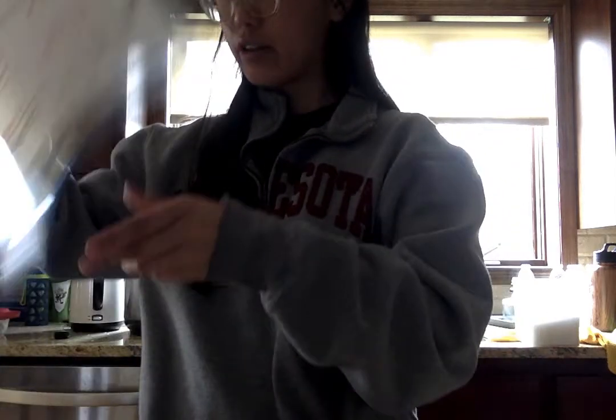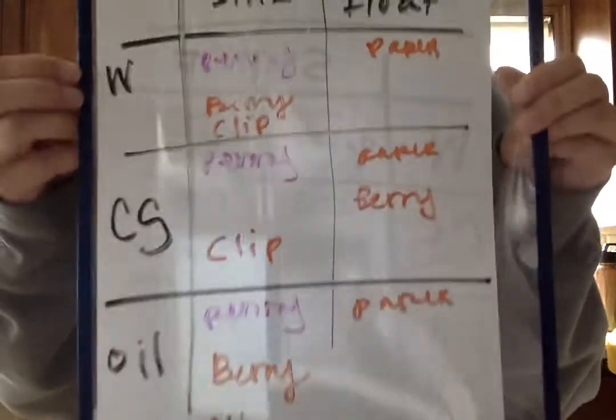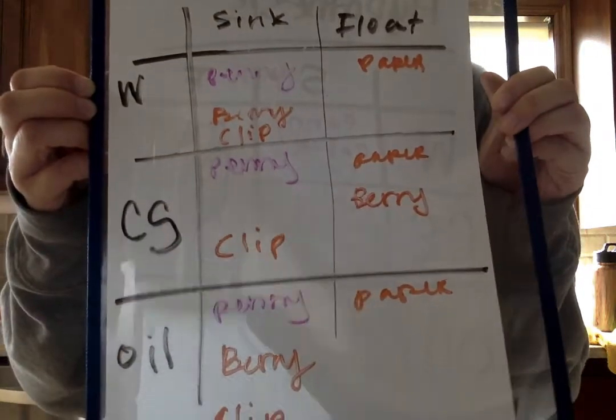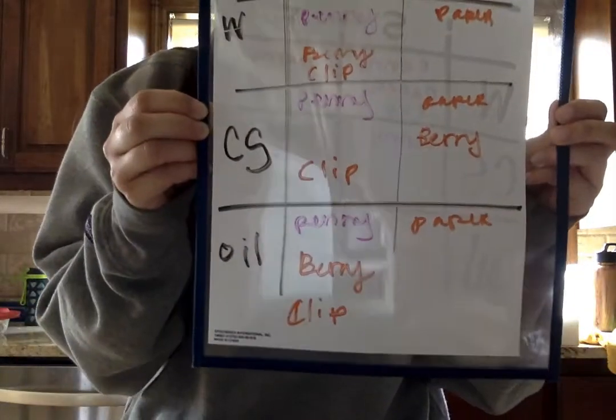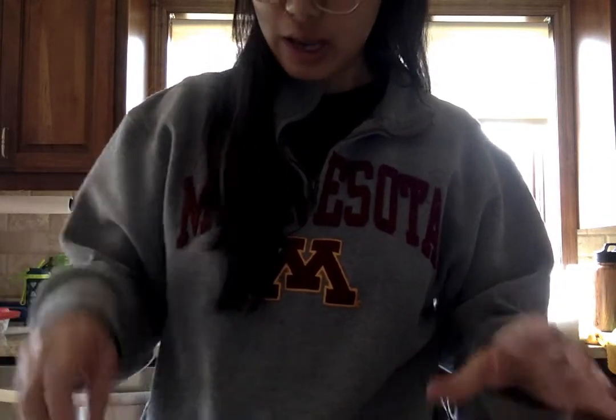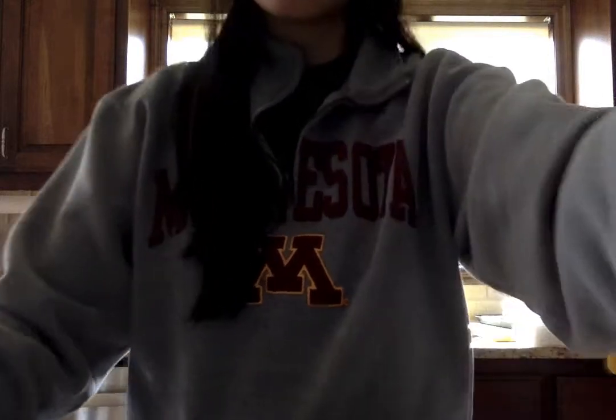So if we take a look at our chart, this is what actually happened. And this is what I thought happened. So pretty different than what I thought. The reason why some of the items floated and some of them sunk is because of density.